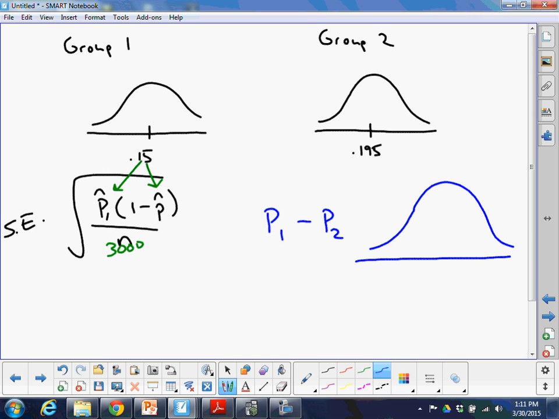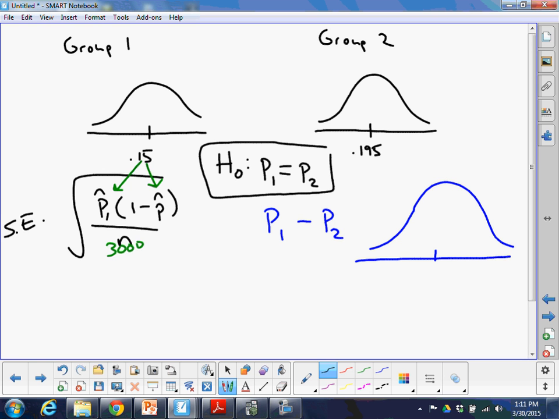When we combine these, the center here is not just the difference from our curves we drew above. If we were doing a confidence interval, it kind of is more like that, but this is a little different. Our original claim from the null hypothesis was that p1 equals p2, so we're assuming that's true.